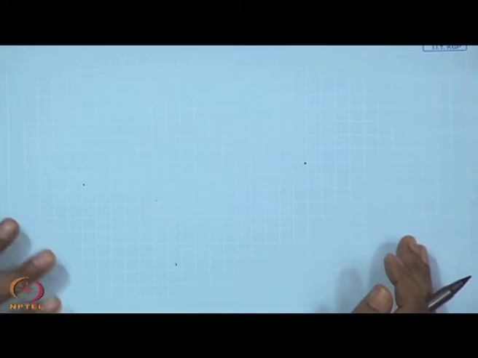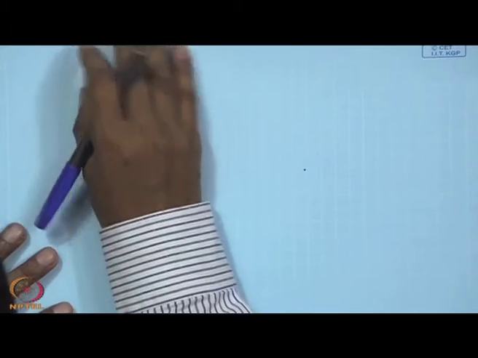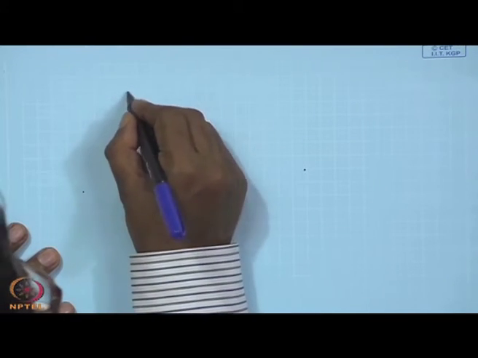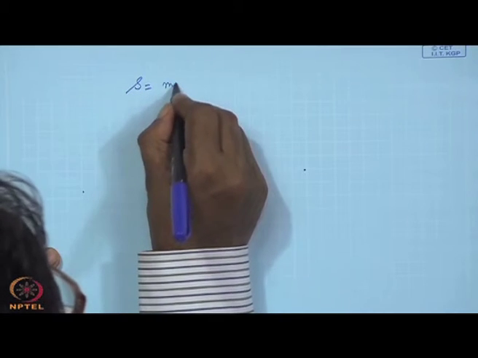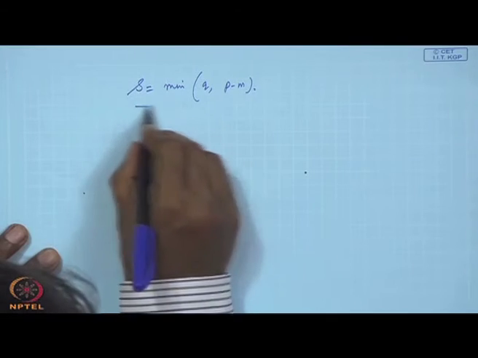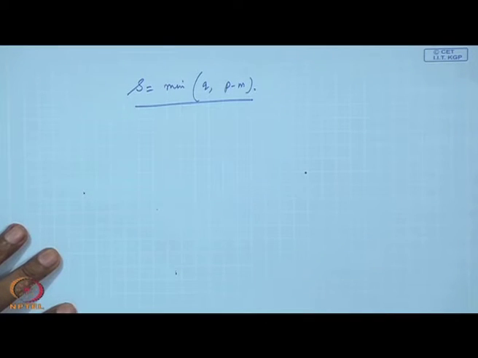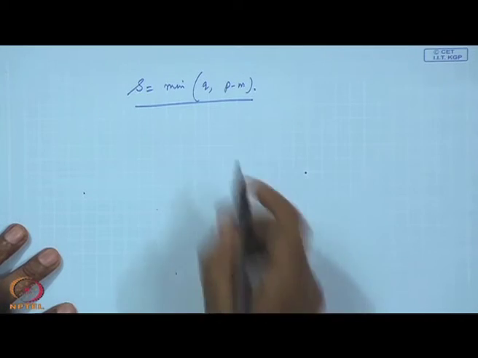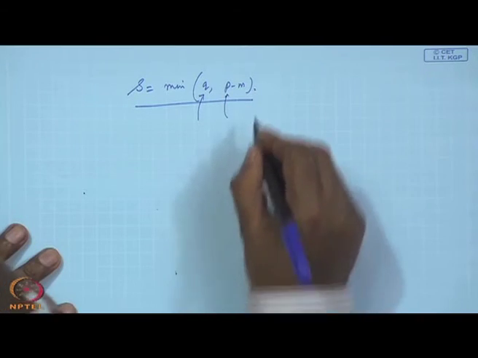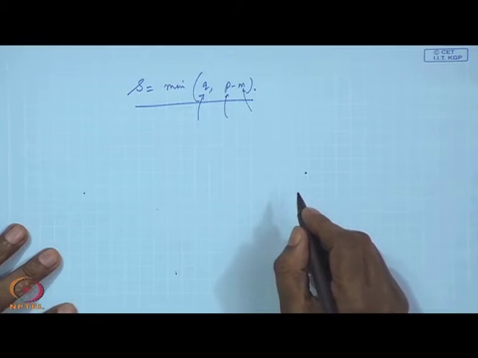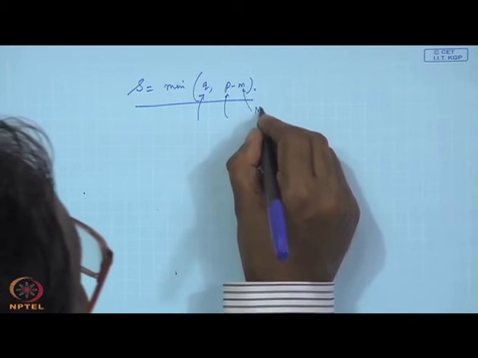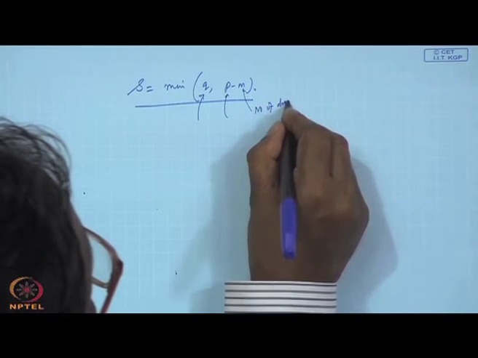Now suppose we say that the order is S, which is the minimum of Q and P minus M. Q is the number of dependent variables, P is the number of independent variables, M is the number of dropout variables.